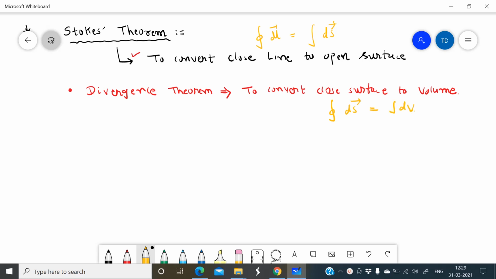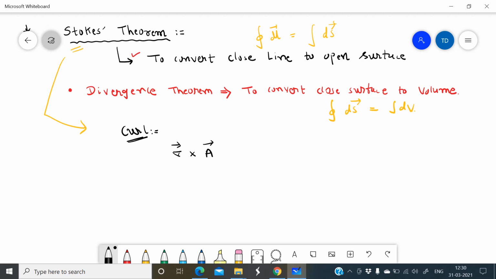Now let us discuss Stokes' theorem. As per the definition of curl, we know what curl is. In a simple way, curl means the change in direction. Or, if you do the cross product of a vector quantity, suppose vector A, with the del operator, it is known as curl.